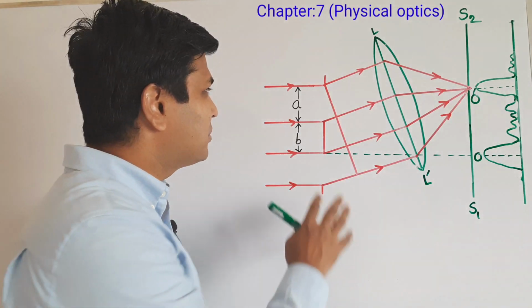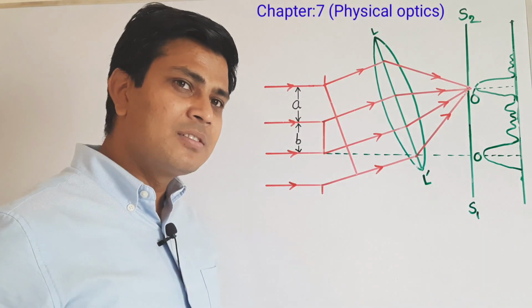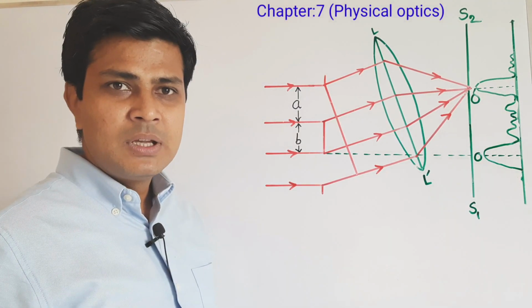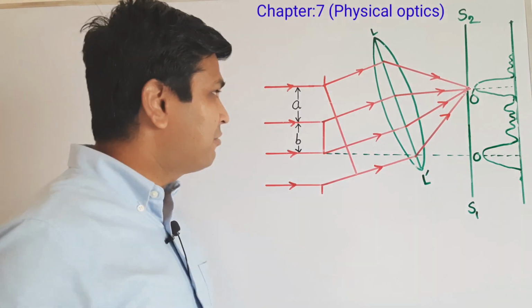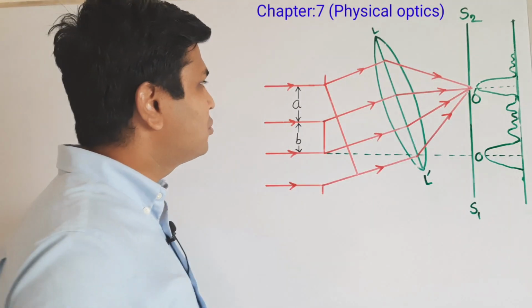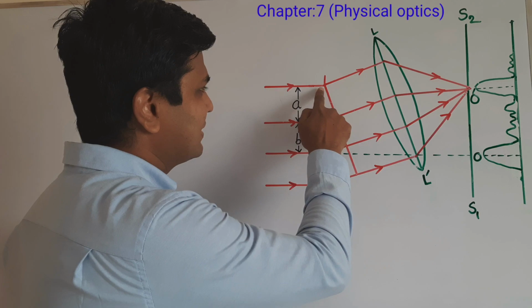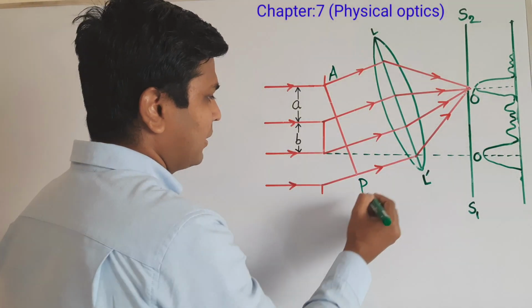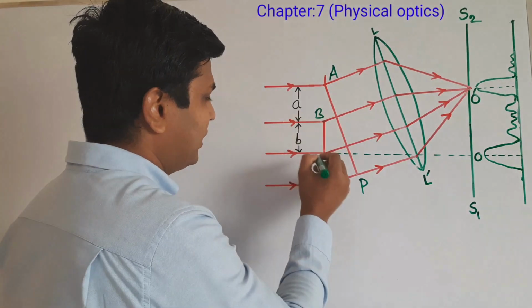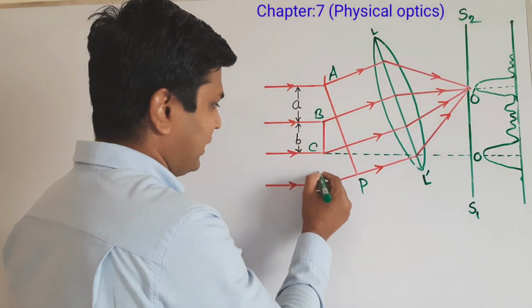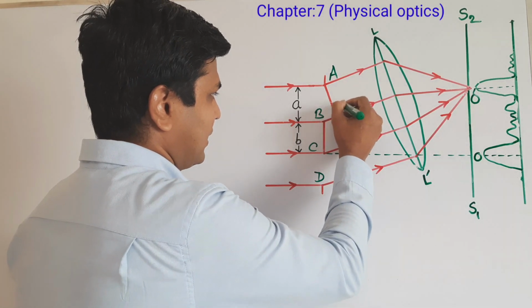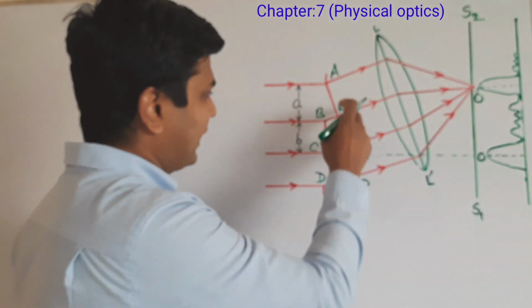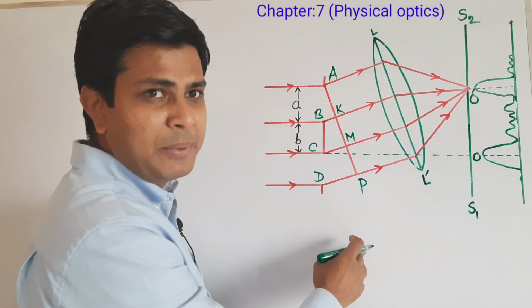Now, if we observe the figure clearly, then we can see the path difference for each ray of light is not the same. So, to calculate the path difference for each line, we have to draw a perpendicular line. This point is A, this point is B, this point is C, this point is D, and that point is K, this point is M. So, A, K, M, P is the perpendicular line.